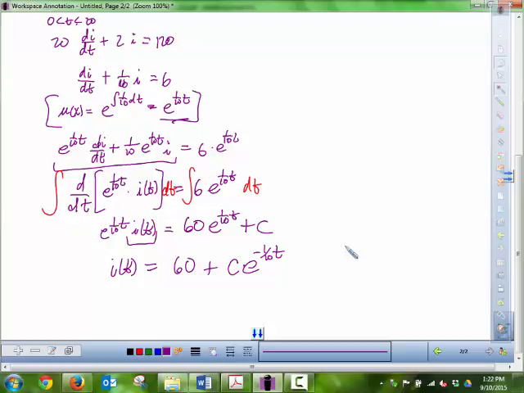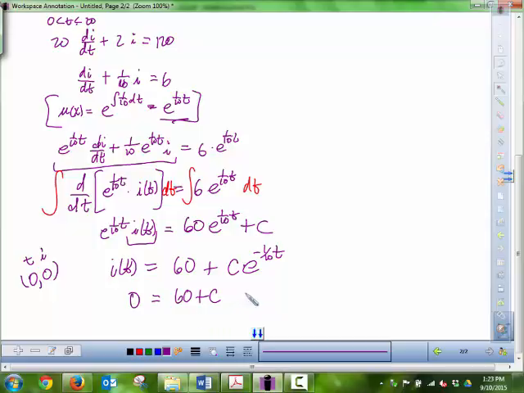So we use the initial condition. We put 0 in for t and set it equal to 0, because that's the initial condition. So when you put 0 in for t, you're going to get 60 plus c times e to the 0 power, which is 1, and I would also equal 0.